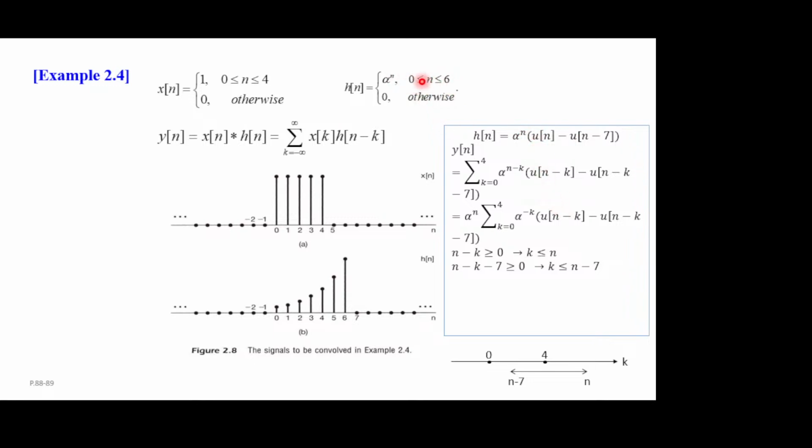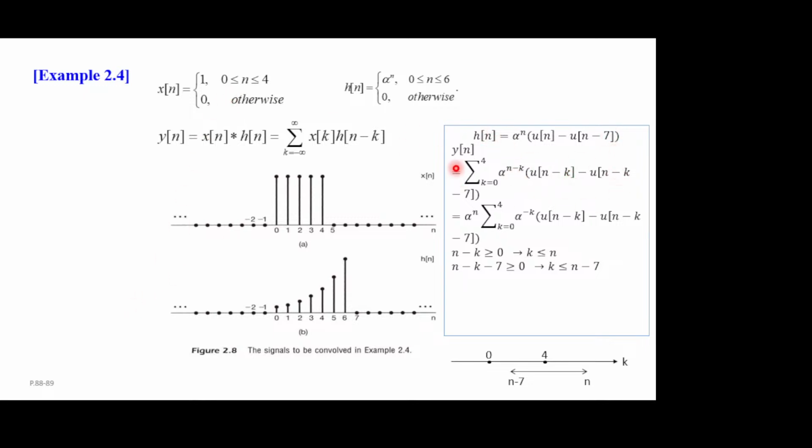And if you want to describe this interval of n between 0 and 6, you multiply by u of n, so that will cut off anything with n less than 0. And then you subtract u of n minus 7, so that will cut off everything where n is bigger than 6. Right? Then this h of n will describe this h in different intervals.